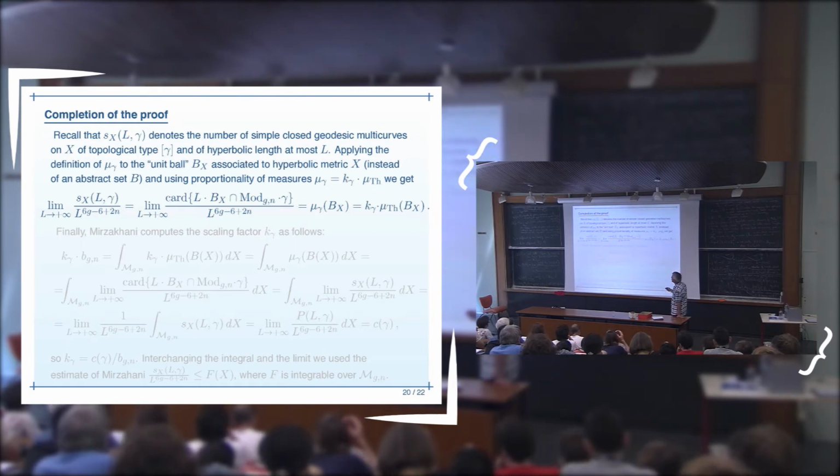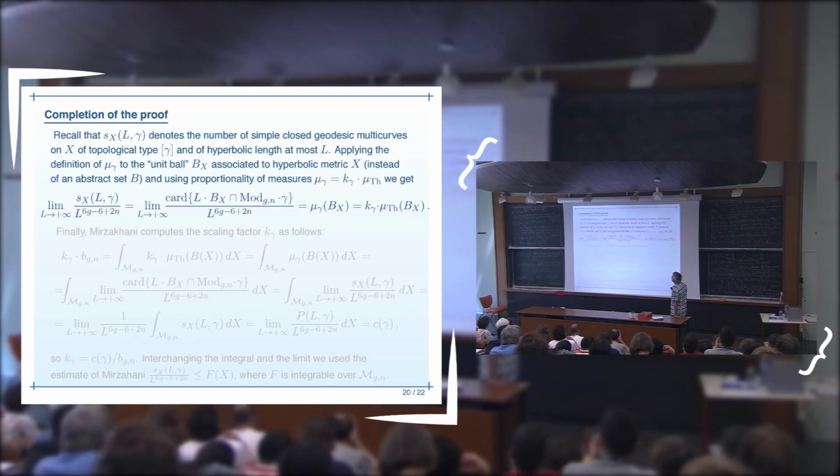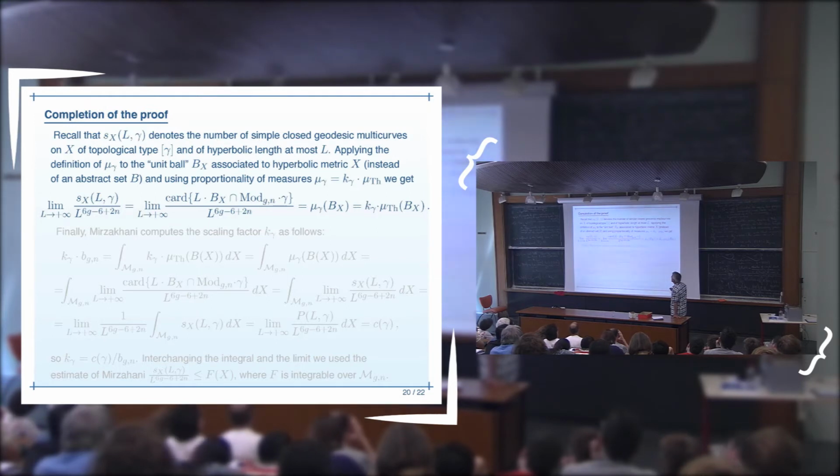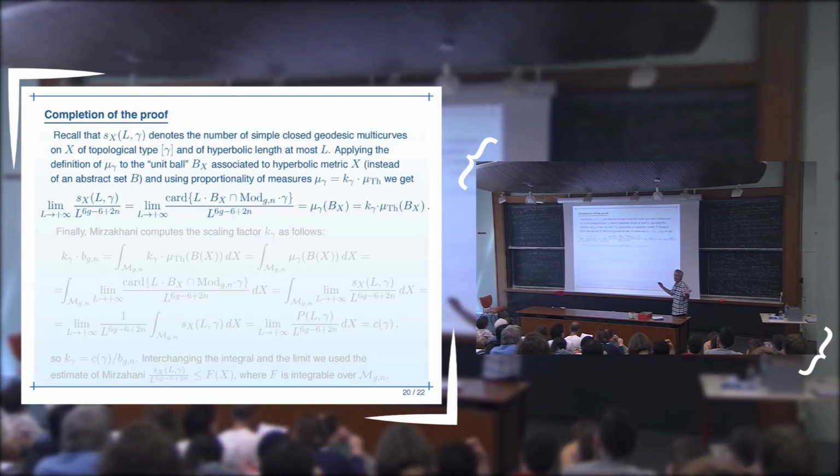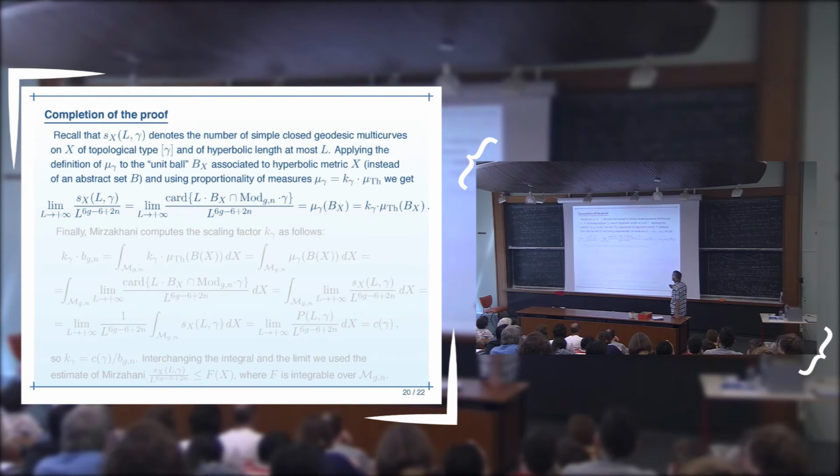By definition, this quantity, the numerator, is the cardinality of the rescaled unit ball in metric X, rescaled by factor L, which is the ball of radius L, meaning that this is the set of all possible measured geodesic laminations for which the length function is at most L. Not only integer points, all of them. And this is the orbit. So this is a discrete set.